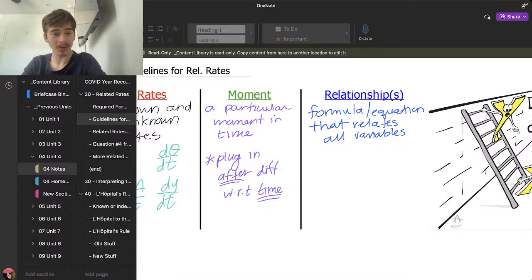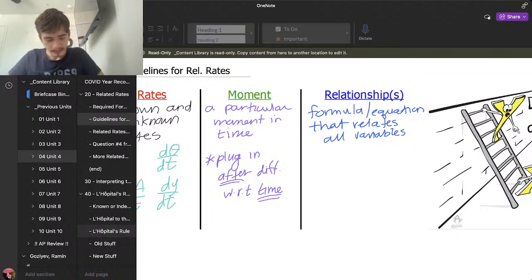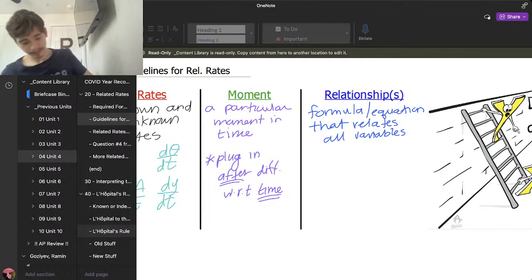You guys want to skip related rates? I thought people like related rates. I thought you guys wanted to go over it. I mean, I could skip it. Actually, what unit should I go to? Right now we're on unit 4. We have 6 more units to go over. Okay, you guys have got to guide me. What unit do I go to?